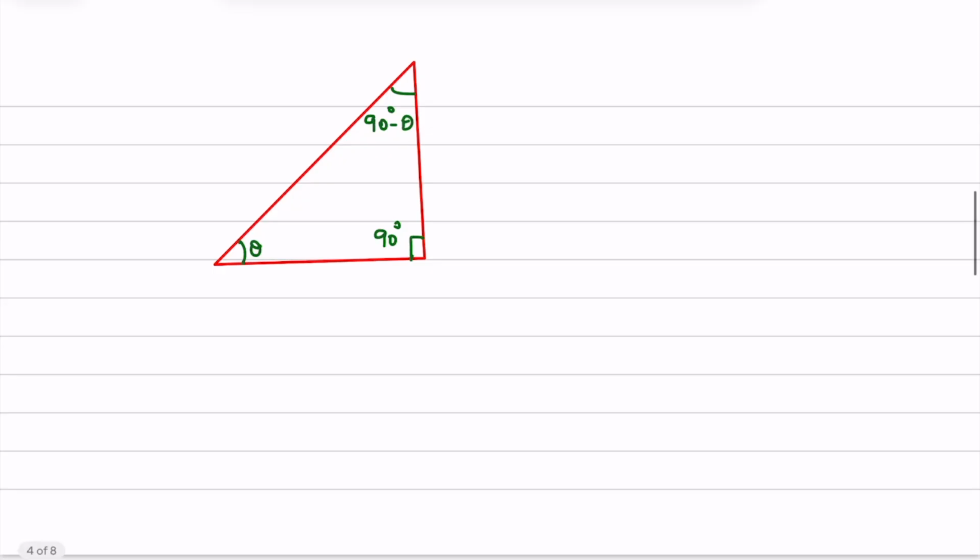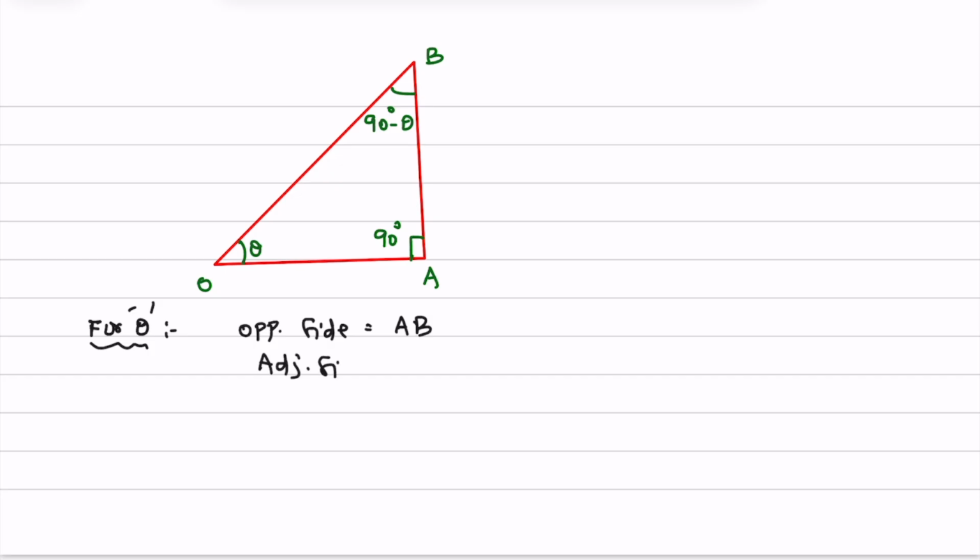And this is O, this is A, this is B. Now, try to understand this concept. For theta, what is the opposite side? AB. The adjacent side for theta is OA.